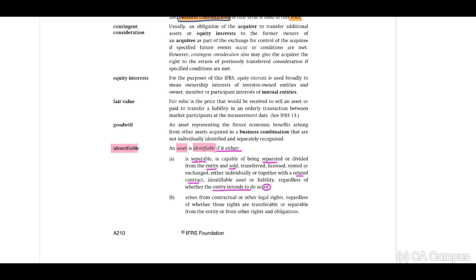Therefore, it has to meet the separability criteria. Can this asset or contract be separated from the entity? Can we use this separately from the entity?